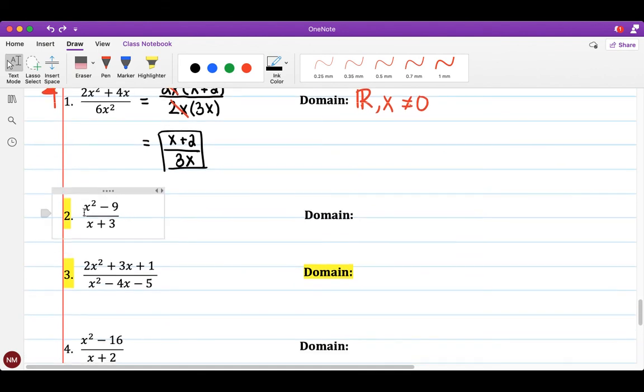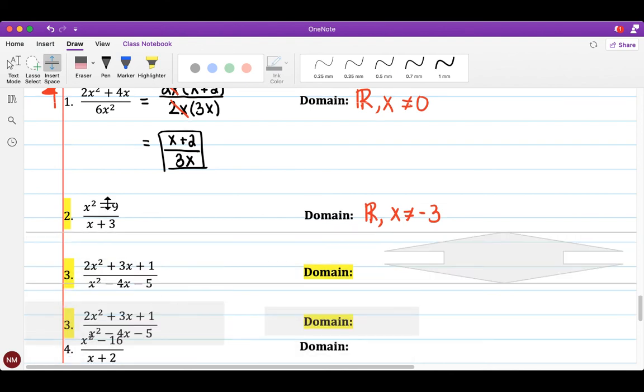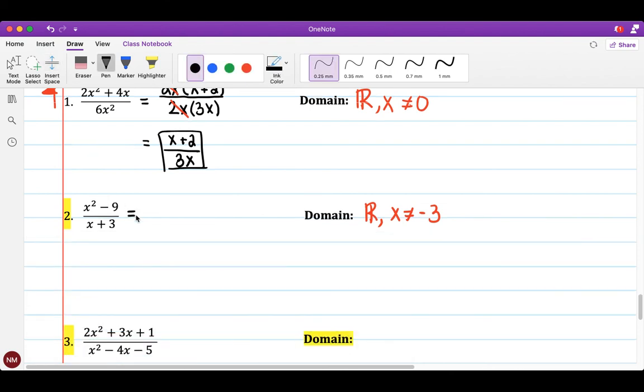Another problem: x squared minus 9 over x plus 3. Let's find our domain first. My domain is all real numbers, but x cannot equal, what value of x will make my whole denominator 0? Negative 3. Negative 3 plus 3 is 0. And then we have to simplify. Let's factor.